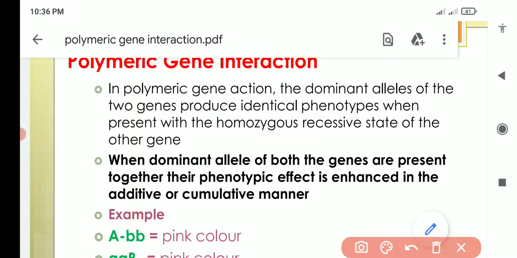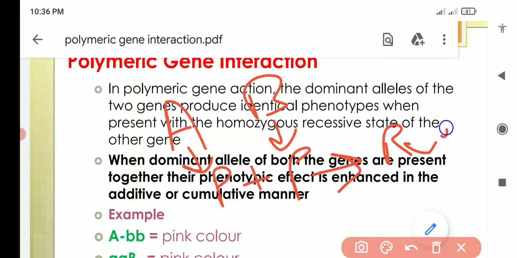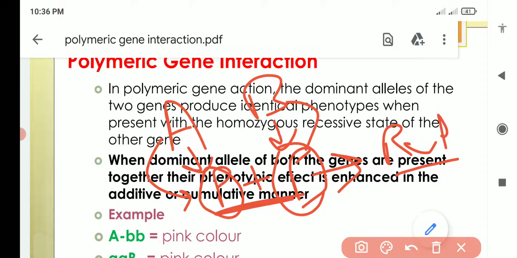Suppose we take the example of color production. We all know that A is going to produce pink color and B is also going to produce pink color. This pink and pink will join together in an additive manner and produce a darker color, like red, by the addition of the production of the A gene and the production of the B gene.